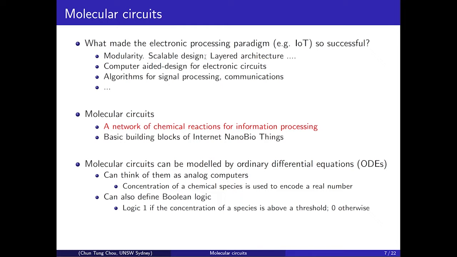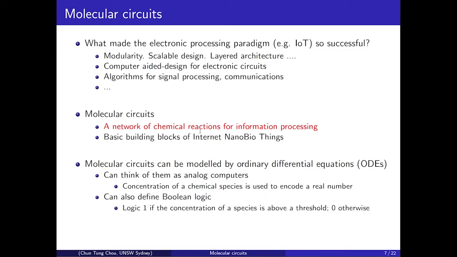Now, what we saw earlier in our examples of nanobio things is that these sensing and decision circuits are made from chemical reactions. So we will use the term molecular circuits to refer to a network of chemical reactions for processing information.